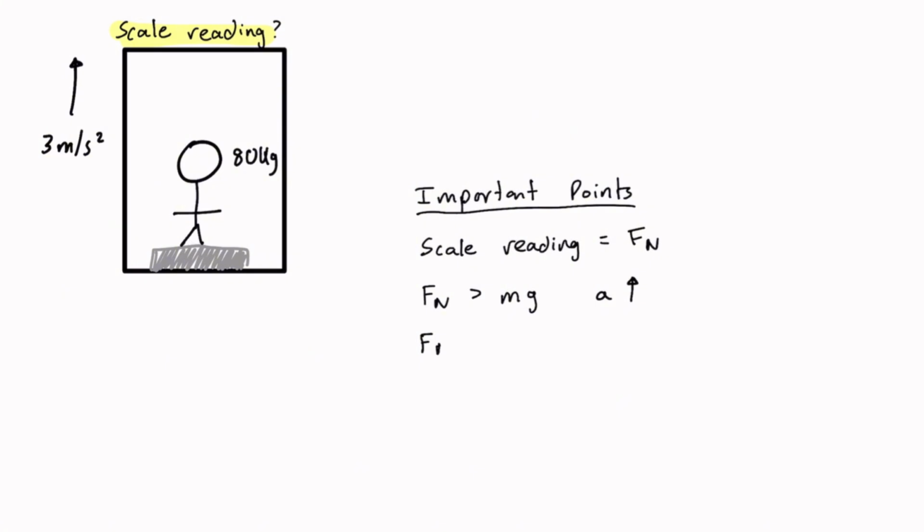And if Fn is less than mg, that means the acceleration is downwards. And then the final point is that velocity is not important in these problems, as the only thing that matters in finding the force is acceleration. Okay, let's get started.